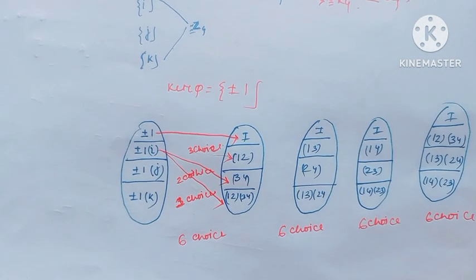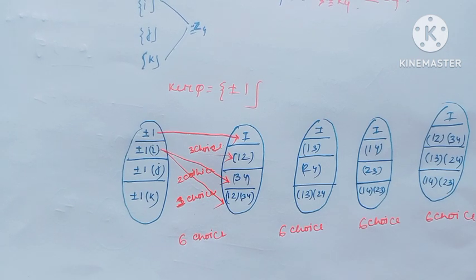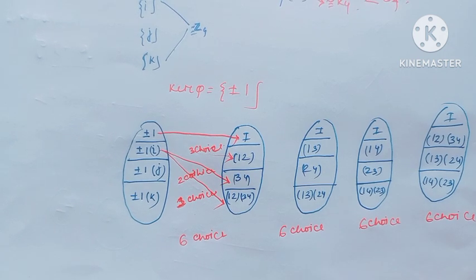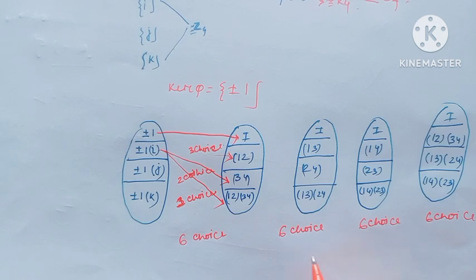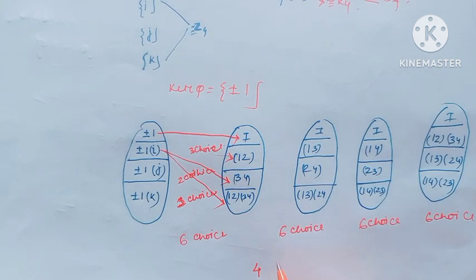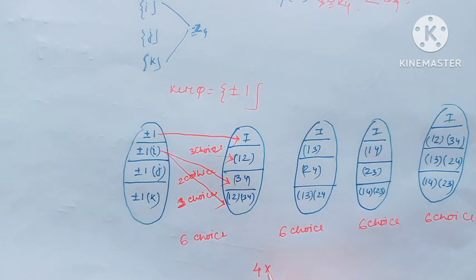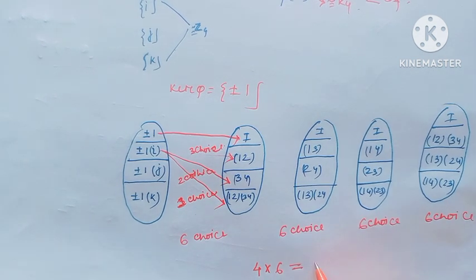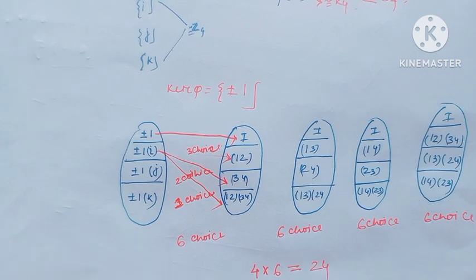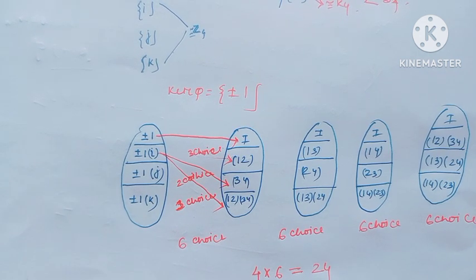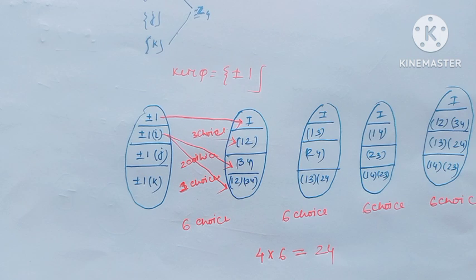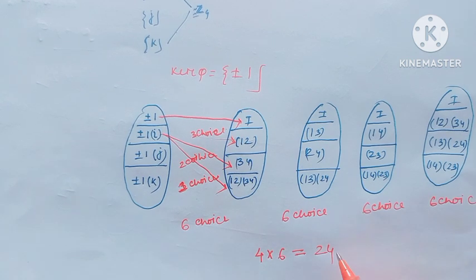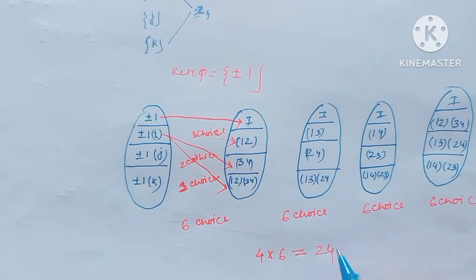That means when kernel phi equals plus minus 1, since there are 6 choices and in S4 there are 4 subgroups of K4 type, the number of homomorphisms is 4 times 6, which is 24.